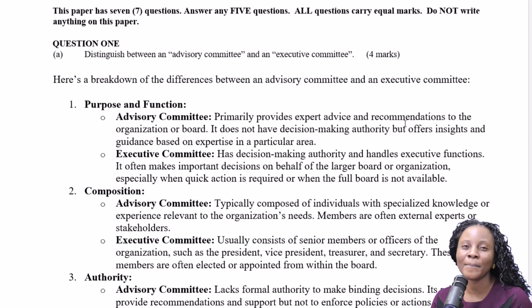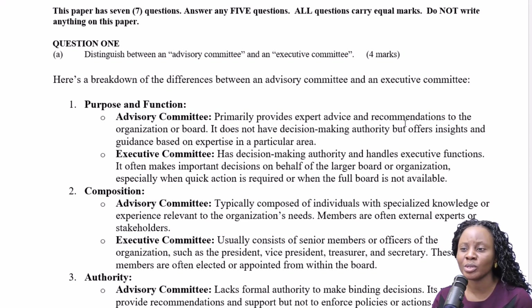It is specifically meant for advice purposes. The executive committee has decision-making authority and handles executive functions. Why? Because it is made up of people from the top level of management.